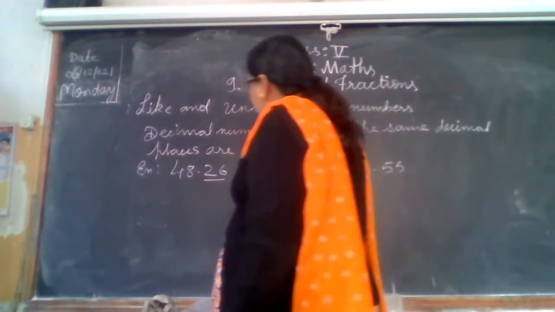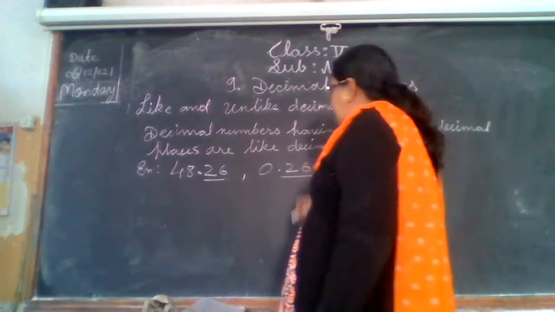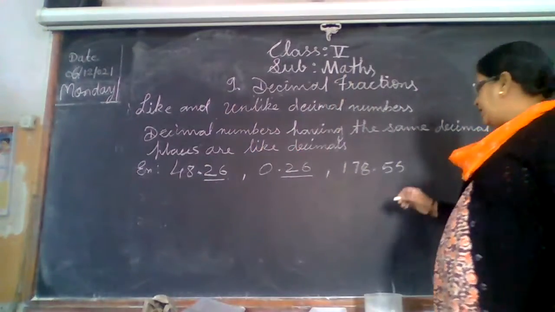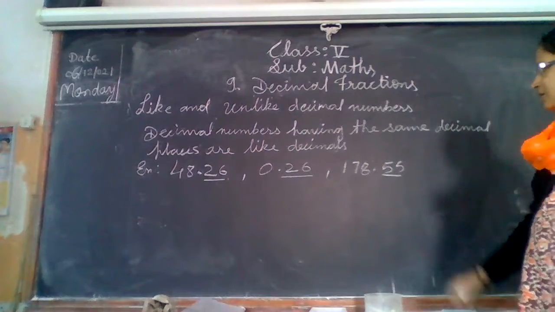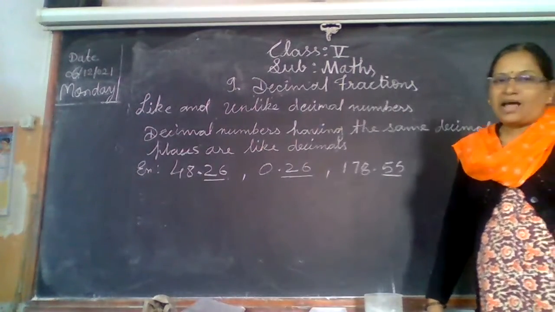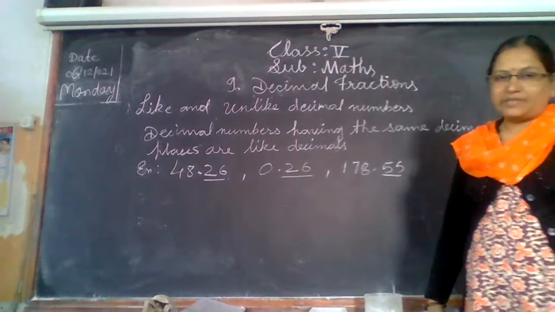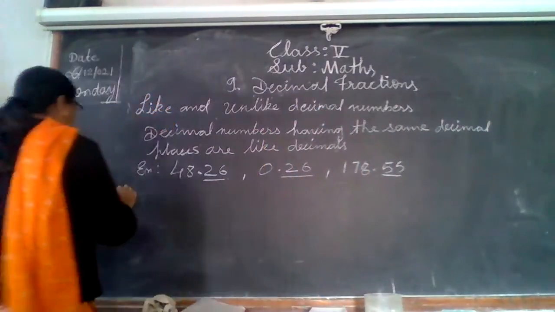Here are 2 places after the decimal point, here are also 2 places after the decimal point, and here also 2 places after the decimal point. Okay, 2, 2, 2 means they are like decimal numbers. And having different places are unlike.